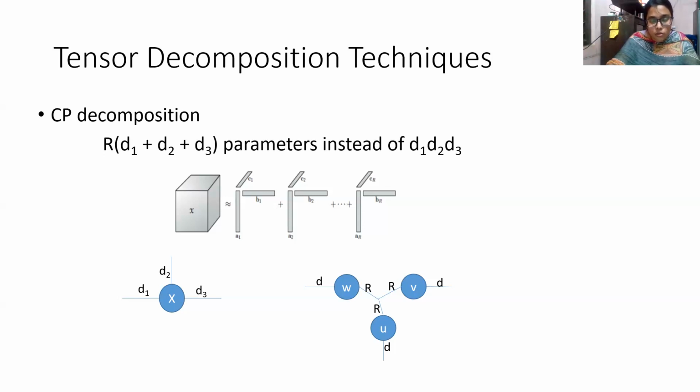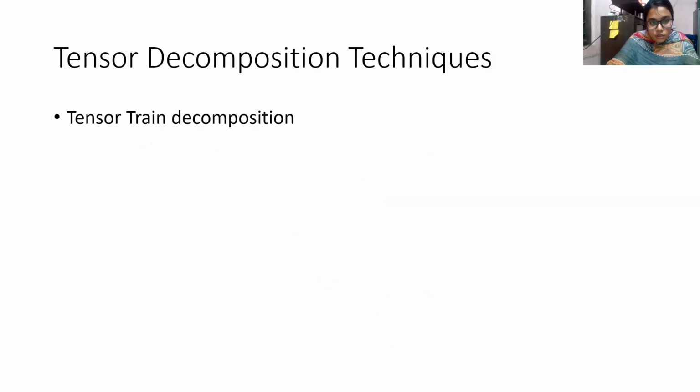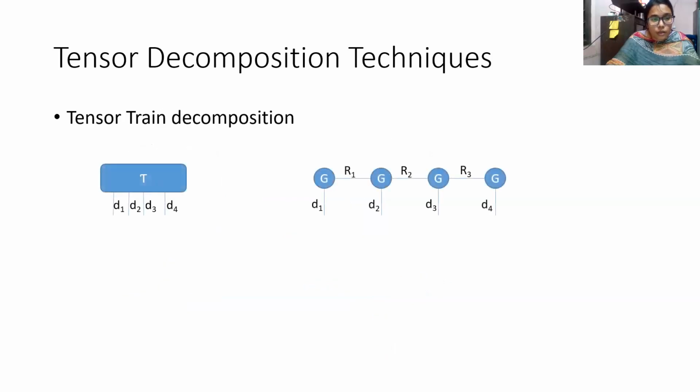Here we will not multiply D1, D2, D3. Here all the indices will be summed.